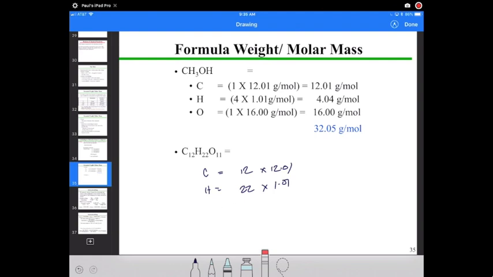It would be oxygen, I have 11 of them times 16.00. And so, 12.01 times 12 is 144. 22 times 1.01.